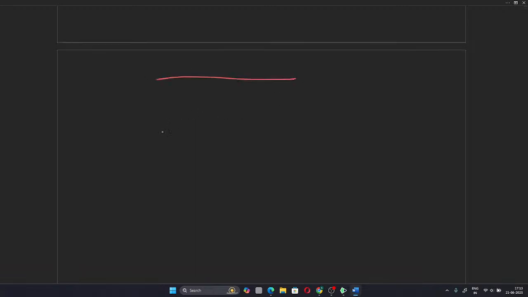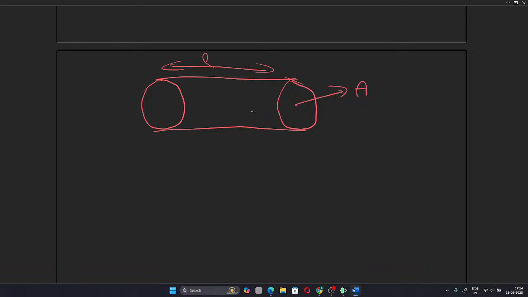In a conductor, let's assume this is a conductor of length L and area of cross section A, and this conductor has an electric field in this direction, so electrons will be moving in this direction.